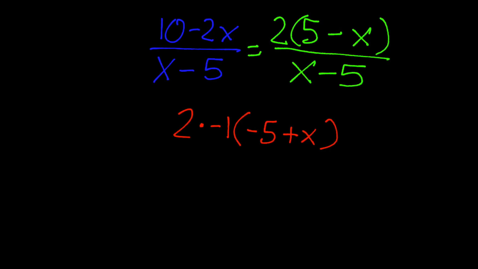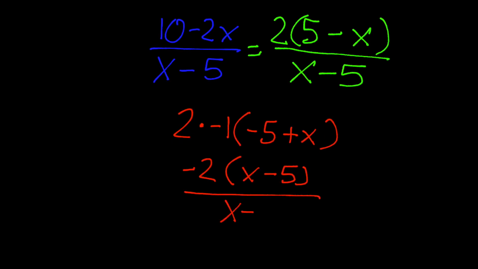And negative 5 plus x is the exact same thing as x minus 5. Why is it the same thing? Here the 5 is negative, here the 5 is negative just through subtraction. Here the x is positive, here the x is positive. So they are the same thing, and we get a negative 2 on the outside.